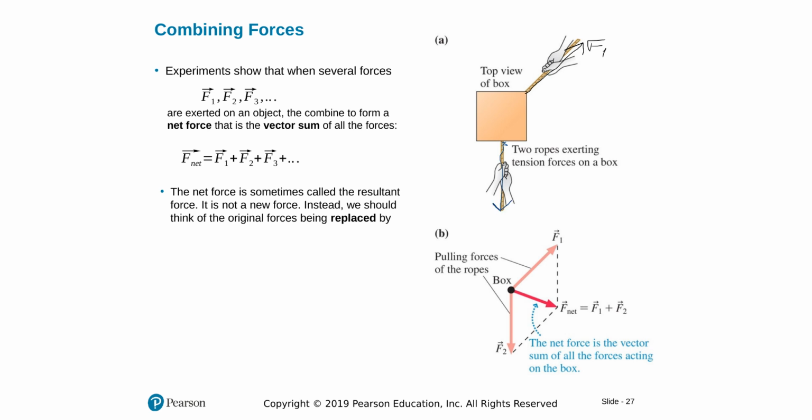Then we can add these two forces as vectors to find the total vector. Here you see a method we call the parallelogram method. We put the vectors' beginnings at the same point, draw the vectors to direction and size, and then we complete a parallelogram. The diagonal will be the addition of the two forces.